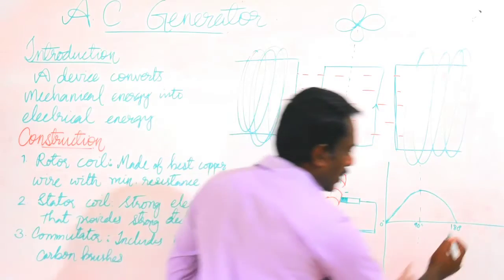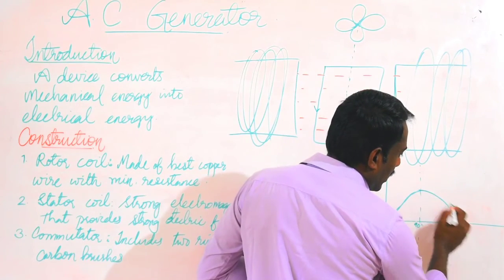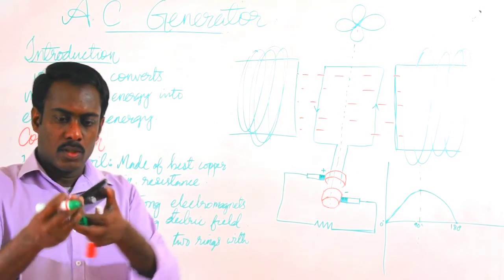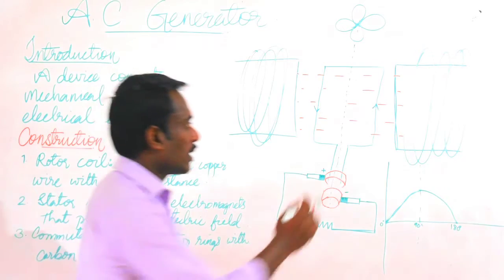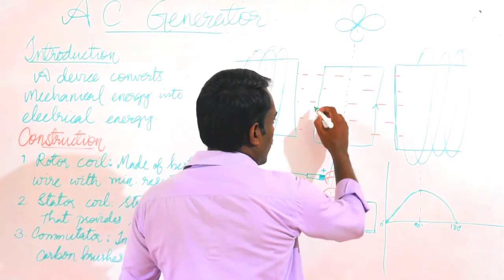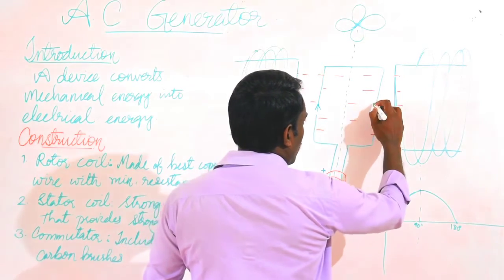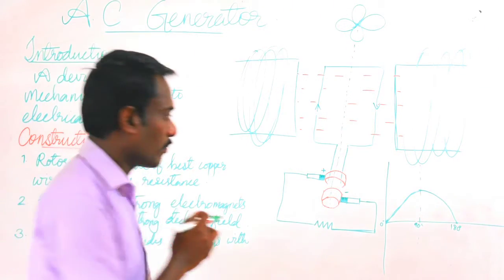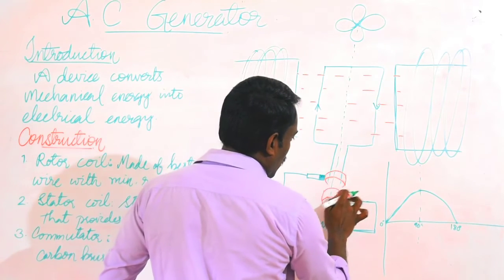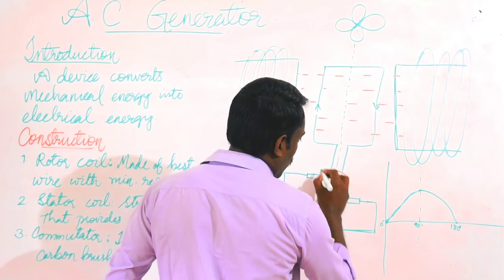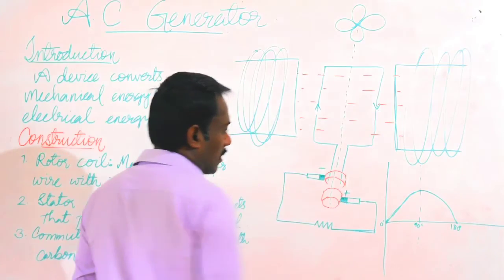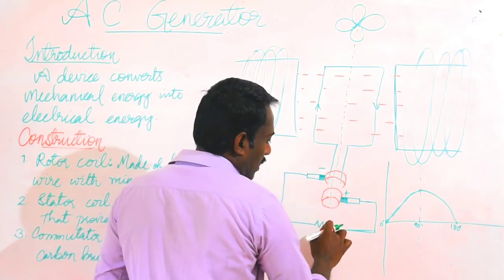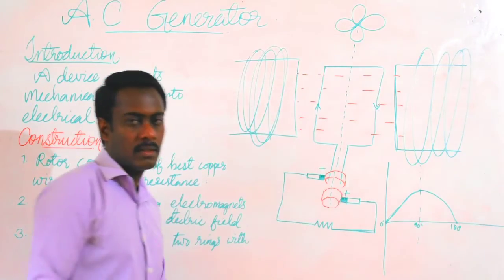Then the induced EMF produced becomes 0, and again from here it rotates once more. When it rotates once again, the direction of flow of the electric current will change. This will be the direction of the electric current, so the polarity changes. Now this becomes positive and this becomes negative. The electrons commutate here, and again the direction of the electric current will change.